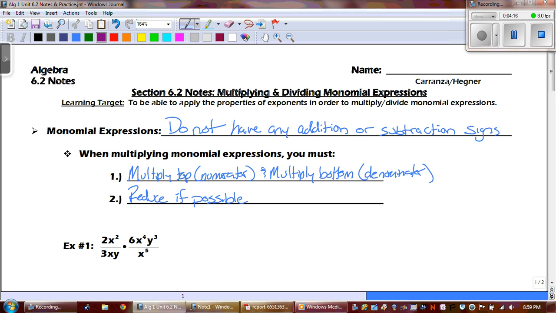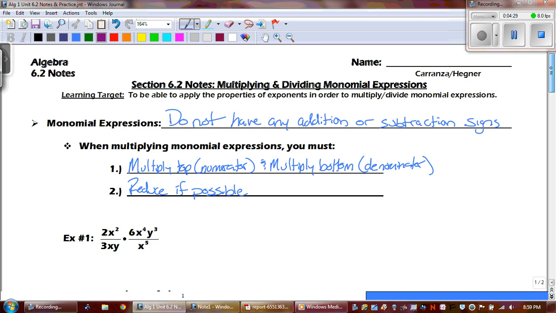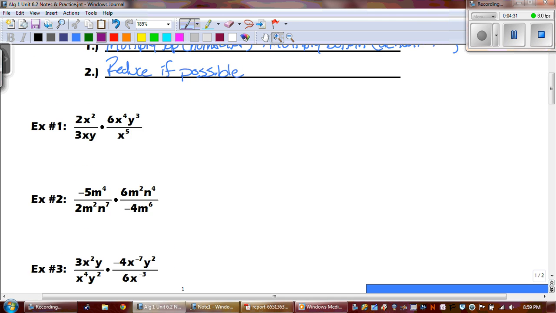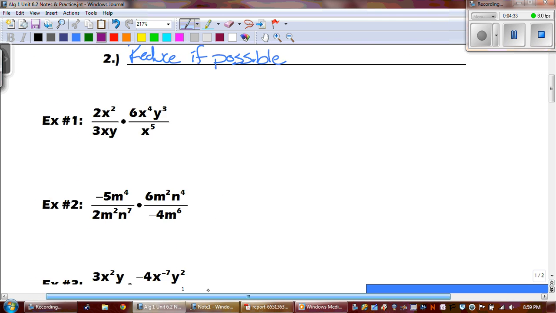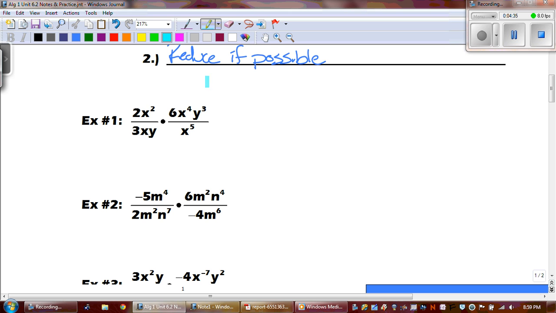When we're multiplying, you must multiply the top, which is the numerator, and then multiply the bottom, the denominator. And then you always reduce if possible.